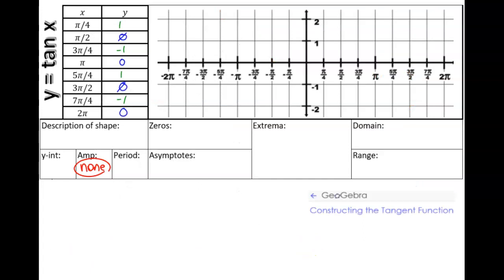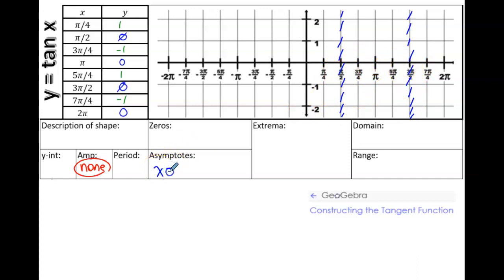So let's go ahead and sketch these points on the graph, and we'll start with our vertical asymptote here at pi over 2. And another vertical asymptote at 3 pi over 2. 3 pi over 2 minus pi over 2 is 2 pi over 2, which is pi. So our asymptotes are pi units apart.